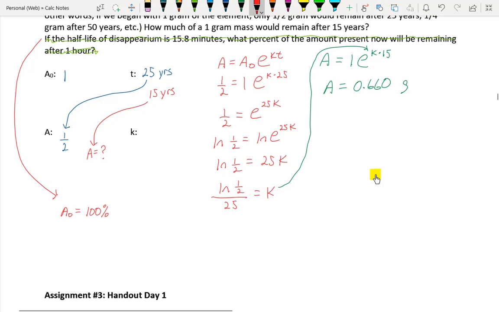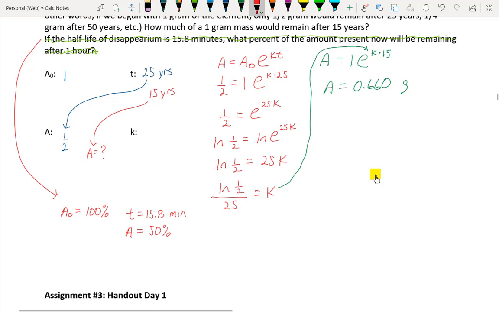It says that the half-life is 15.8 minutes. So at time t equals 15.8 minutes, I know that I would have an amount left over of 50%. Why am I doing this one with percents instead of numbers like I did in the previous one? Because it asks about percents. And the number 1 really is 100% if you move the decimal over.